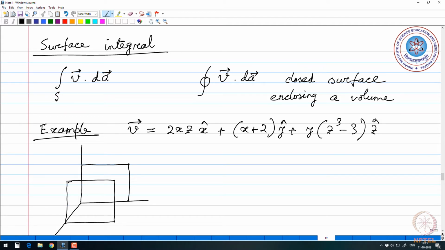We have this type of a box. The bottom surface is excluded for performing this integral, and we will perform it over all the 5 surfaces. Let's name those surfaces.